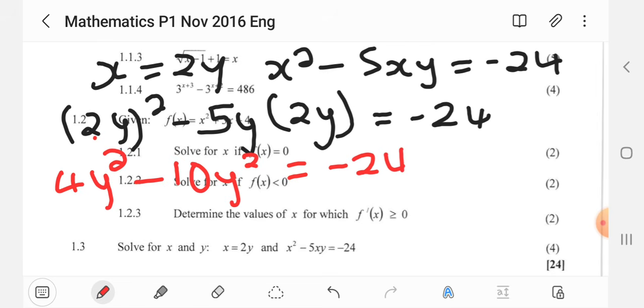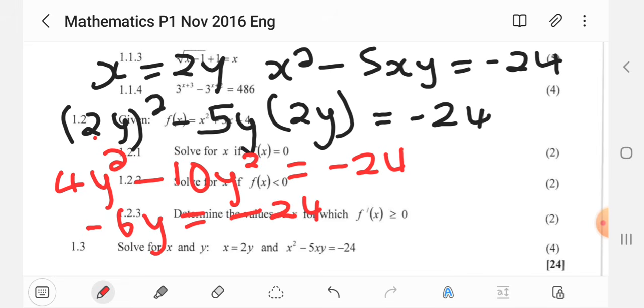And then we will have 4y squared minus 10y squared, because they are like terms. This and this are the same, so that's what makes them like terms. So we'll have negative 6y squared equals negative 24.